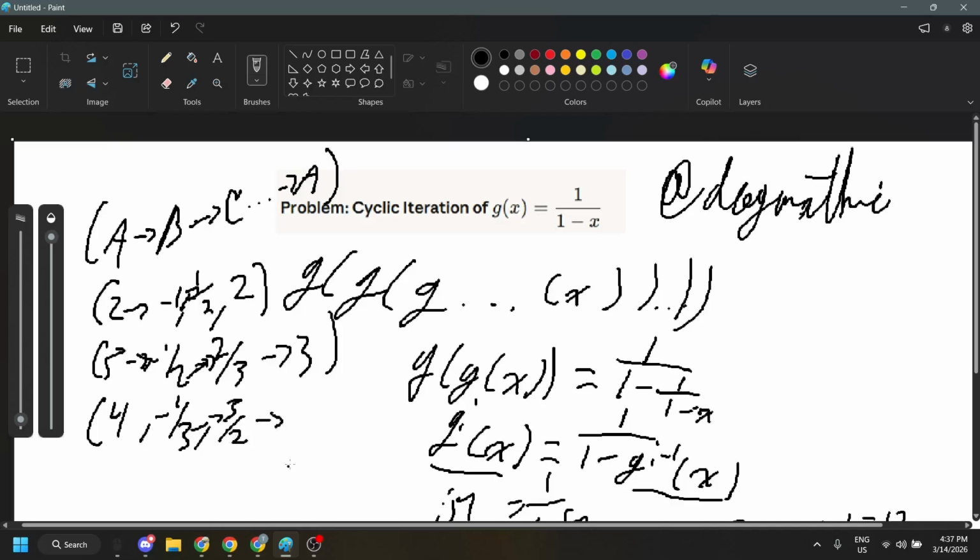And then 1 minus 3/2 is negative 1/2. So we get 2. Wait, what? 1 over 1 minus 4 is negative 1/3. 1 over 1 plus 1/3 is 1 over 4/3.